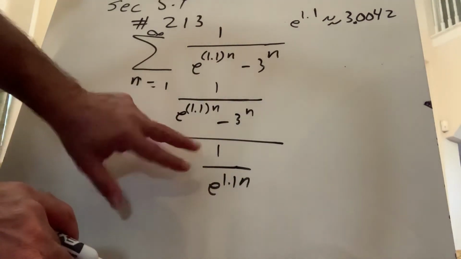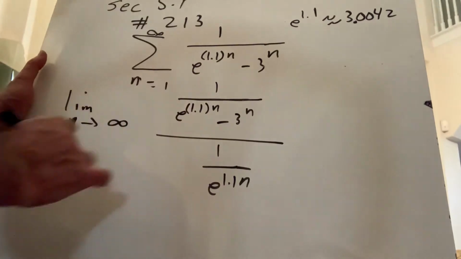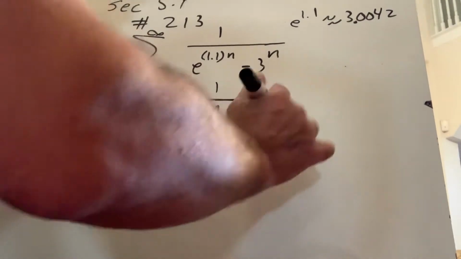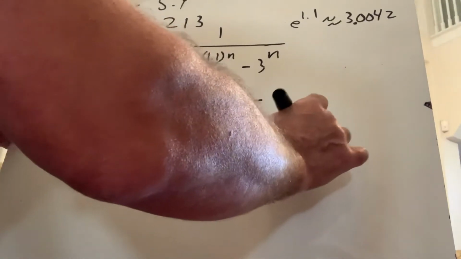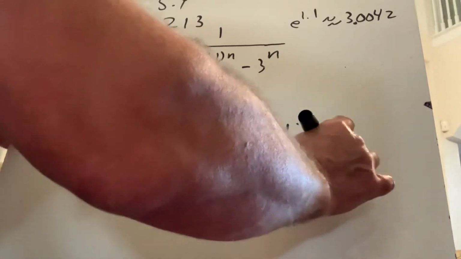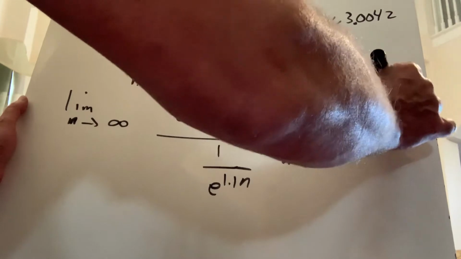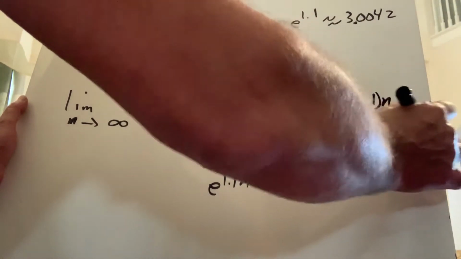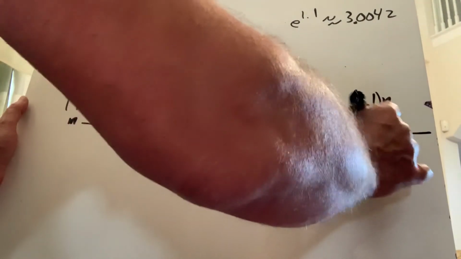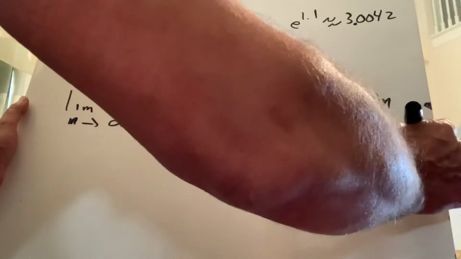As you reciprocate and multiply by the top, this becomes the limit as n approaches infinity of e to the 1.1 n over e to the 1.1 times n minus 3 to the n.